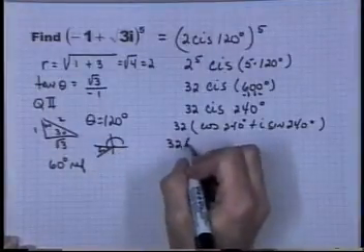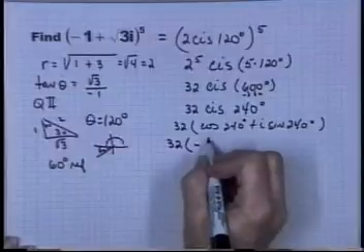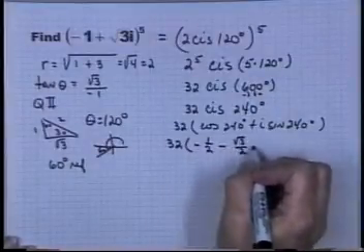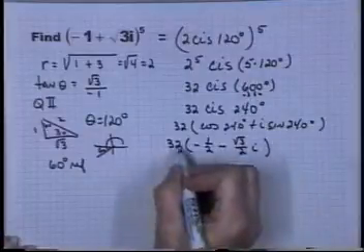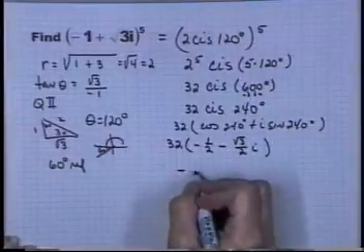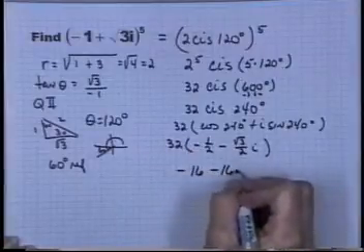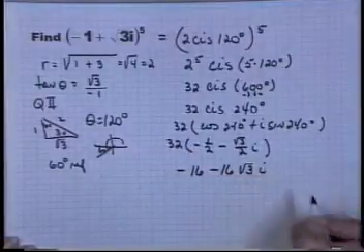So cosine and sine are both negative, the cosine of 60 being 1/2 and the sine being square root 3 over 2. Now when we distribute our 32, we get negative 16, notice the 2 cancels, minus 16 square root 3 times I.